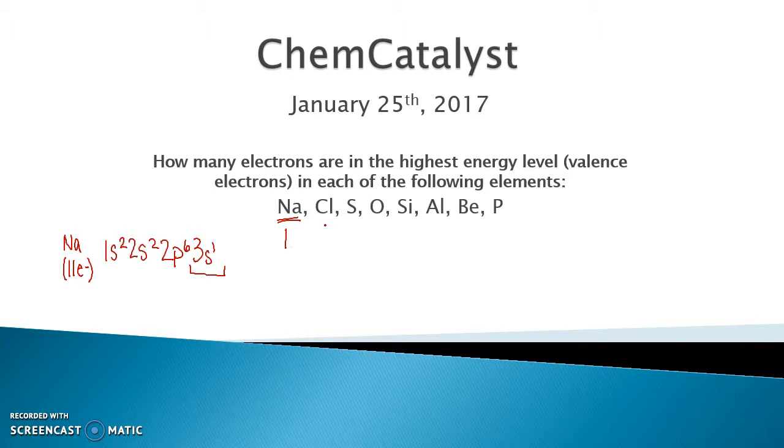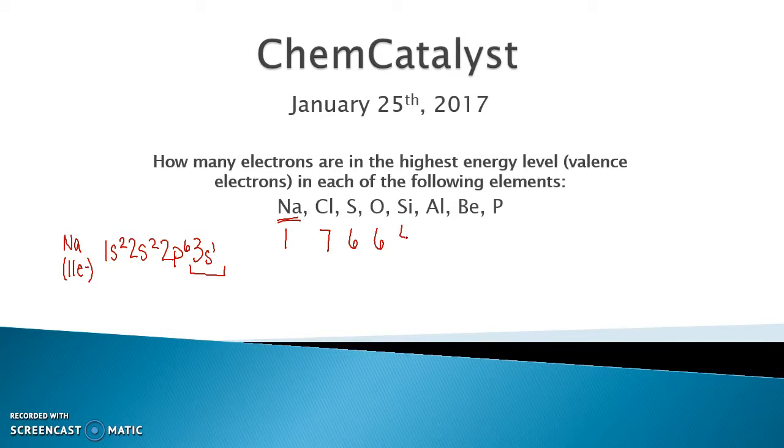But if you did the rest just like that, you would have seen chlorine, a halogen, is in group 7A, so we'd want to say it has 7 valence electrons. Both sulfur and oxygen are in group 6A, so that was an easy one hopefully for you. If you look at silicon, on the other hand, so not in the same group, silicon is actually in carbon's group, so 4A.